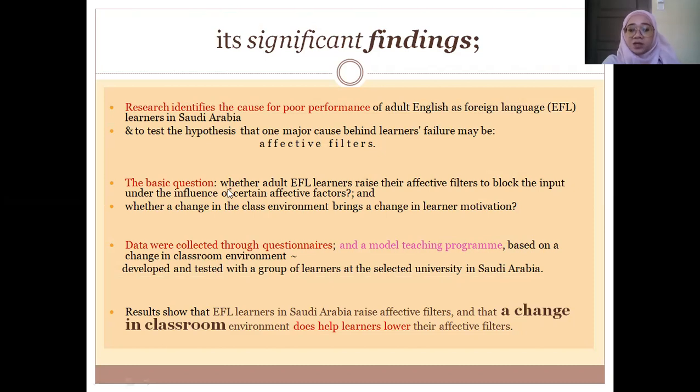The basic question from the research article: whether adult English foreign language learners raise their affective filters to block the input under the influence of certain affective factors, and whether a change in the class environment brings a change in learners' motivation.